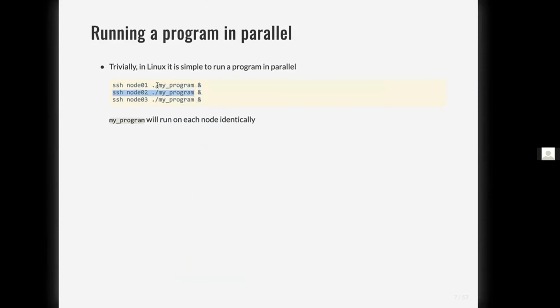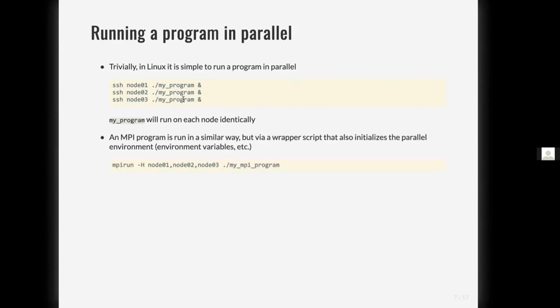These 3 instances of my program will run on the node with hostname node01, on node02, and on node03. Of course, they're just running in parallel, and they will just run identically. I am running them in parallel, but there's no functionality to facilitate any communication when I do this.